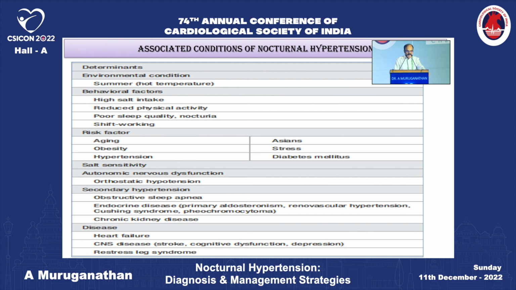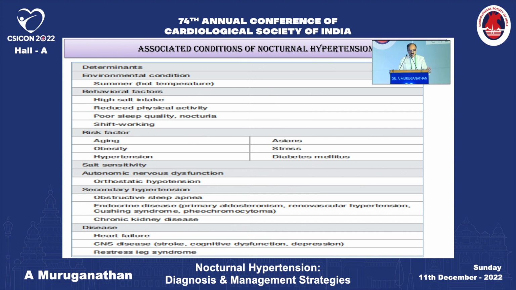These are the associated conditions in nocturnal hypertension, like aging, obesity, hypertension. Especially Asians are very prone to nocturnal hypertension because they are always salt sensitive. Also stress, diabetes mellitus, then orthostatic hypotension. Secondary hypertension also causes it, like obstructive sleep apnea, endocrine disease like primary aldosteronism, and the associated diseases are heart failure, CNS disease, restless leg syndrome.